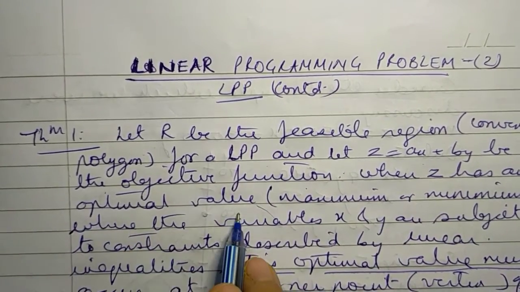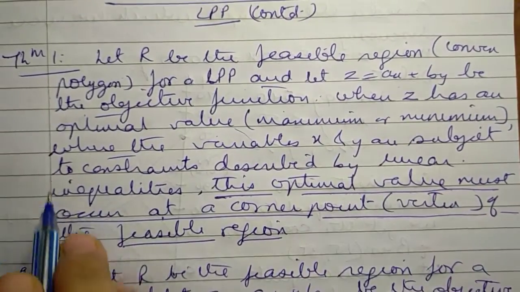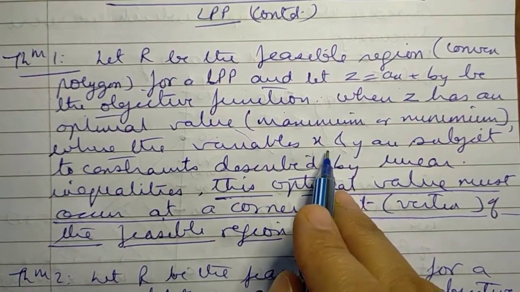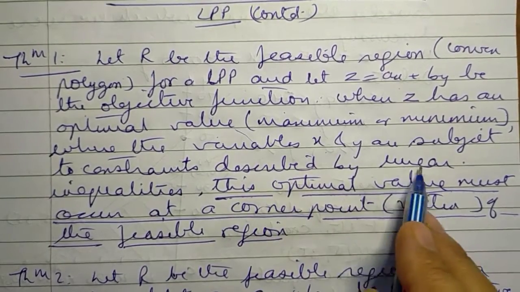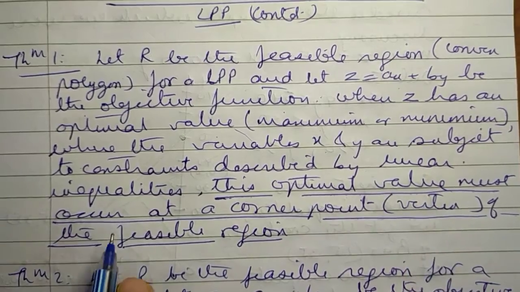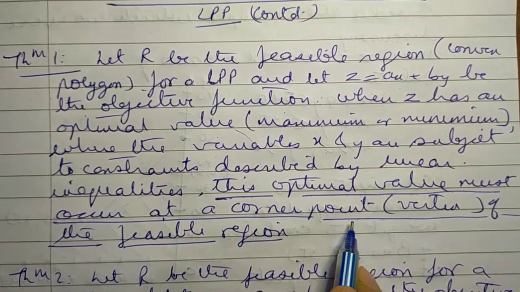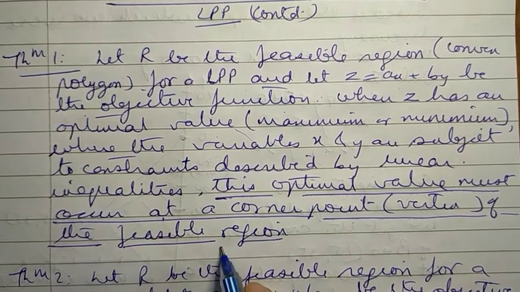When Z has an optimal value, that is maximum or minimum, where the variables x and y are subject to constraints described by linear inequalities, then this optimal value must occur at a corner point, and by corner point we mean the vertex of the feasible region.